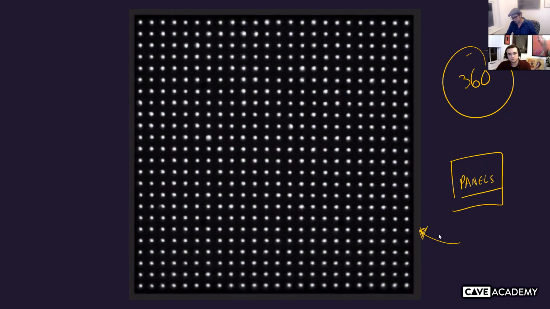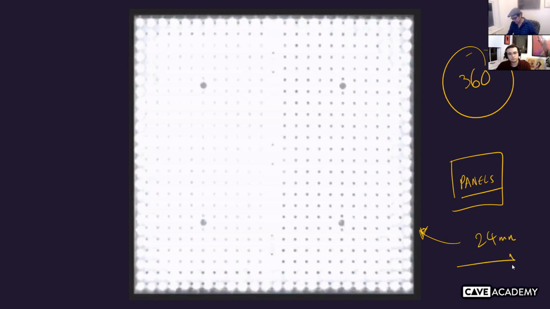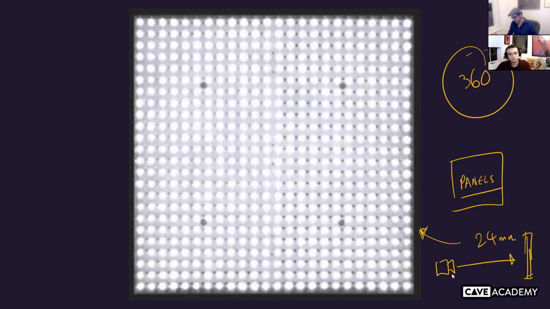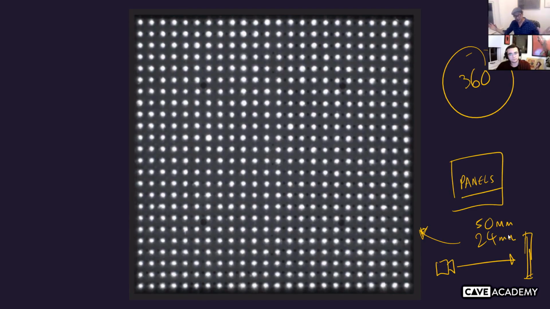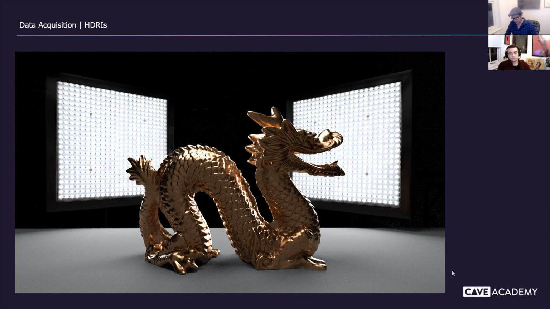I'll set up the camera with a 24mm lens, point it directly at the light source, and shoot a series of bracketed images of the light sources, or a 50mm lens I tend to use a lot, depending on how big the light is. And then that's the light in 3D space, used to light the assets. And again, it's going to give you a much more realistic, believable result.